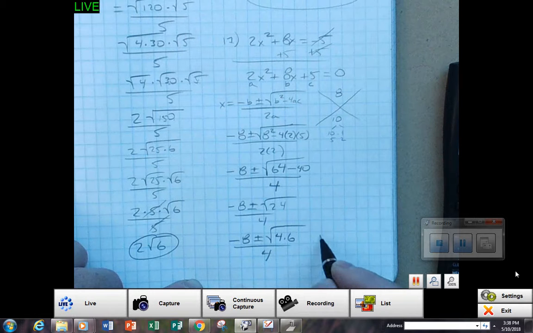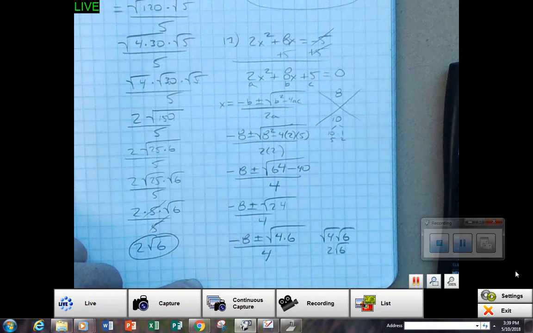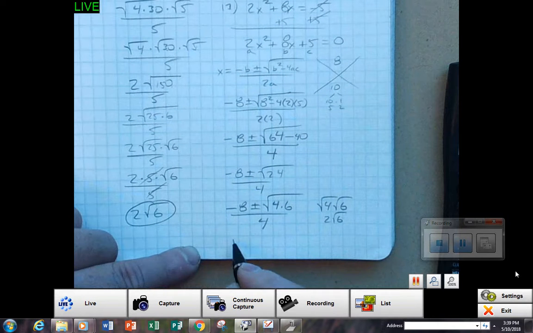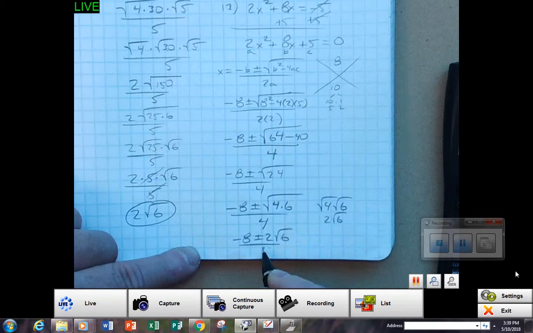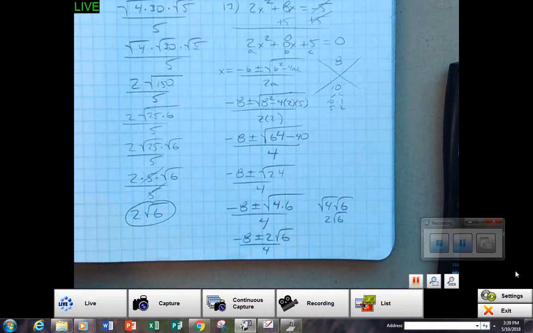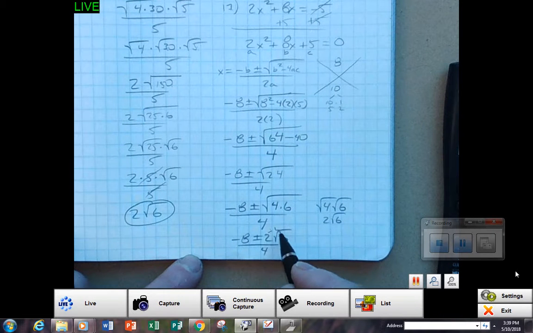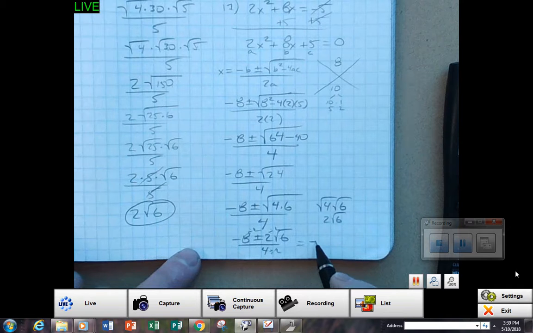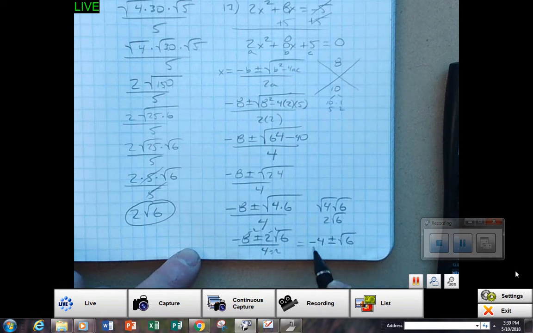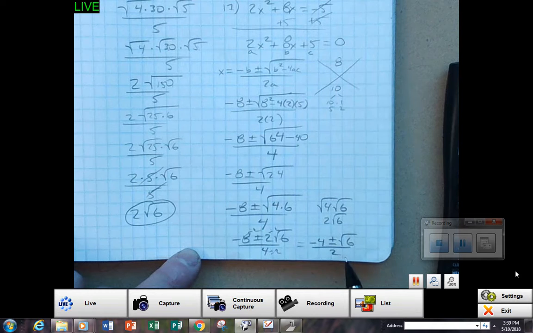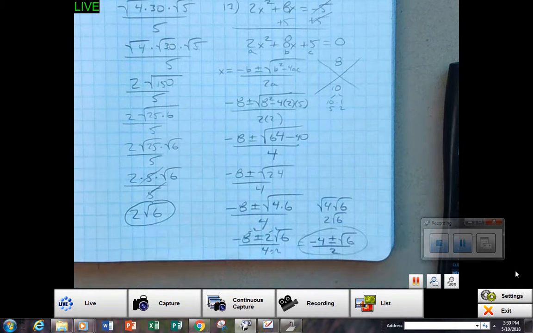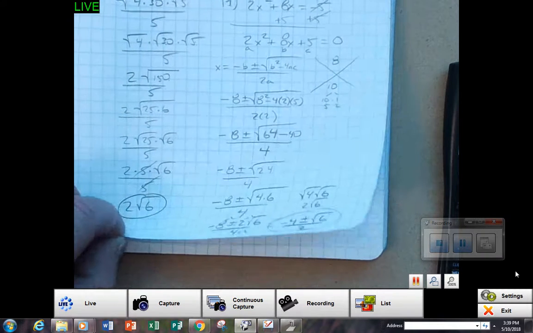And then remember, when you split that up, that becomes 2 root 6. So I get negative 8 plus or minus 2 root 6 over 4. And now these reduce. Divide that by 2, divide that by 2, divide that by 2. Gives me negative 4 plus or minus root 6 over 2. Alright, number 18.